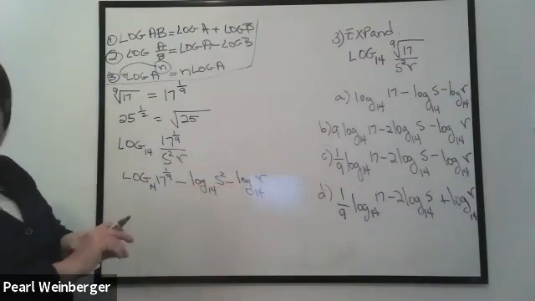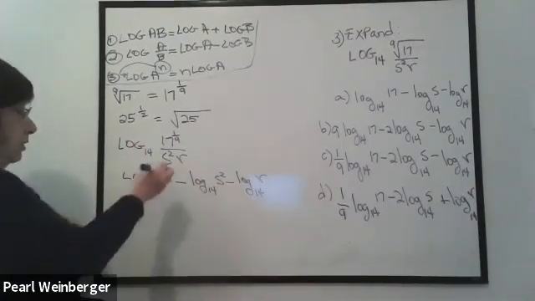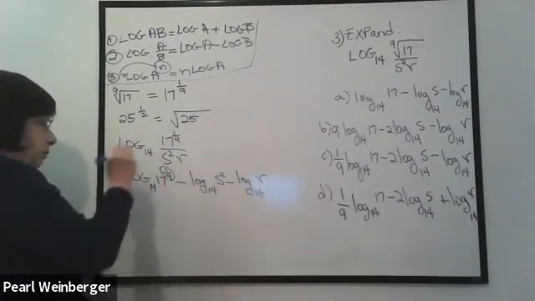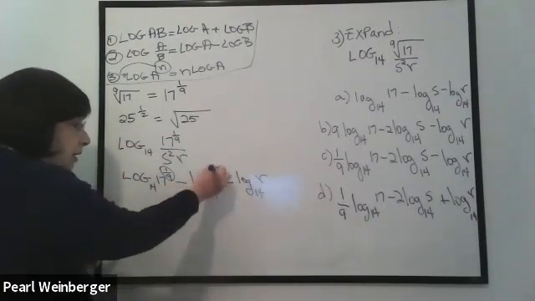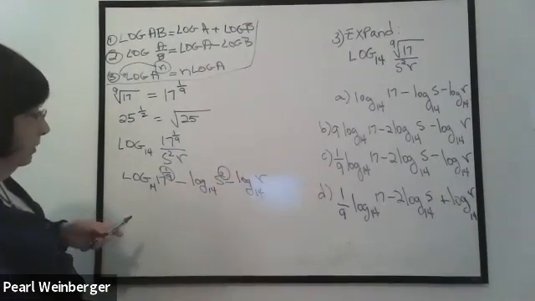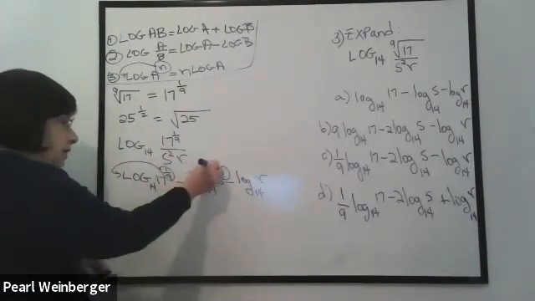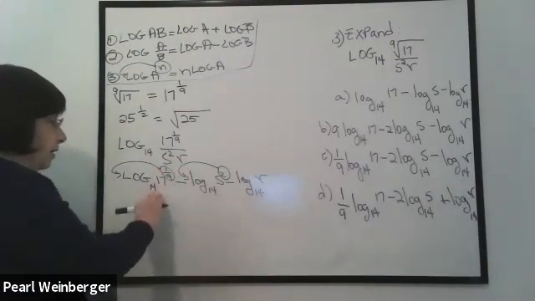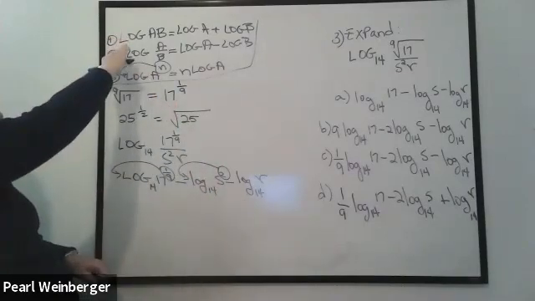The last step that I do after that is I look for my exponents, and there are two places where I'm seeing exponents. I see an exponent of 1/9 over here and an exponent of 2 over here. Those exponents become the coefficients. That's my step after I've done the addition and subtraction. I've taken care of steps 1 and 2.